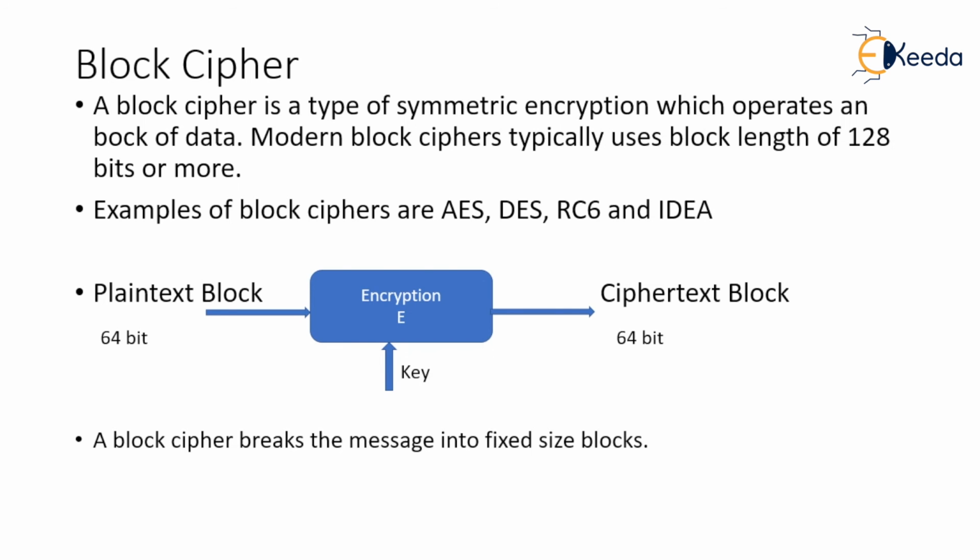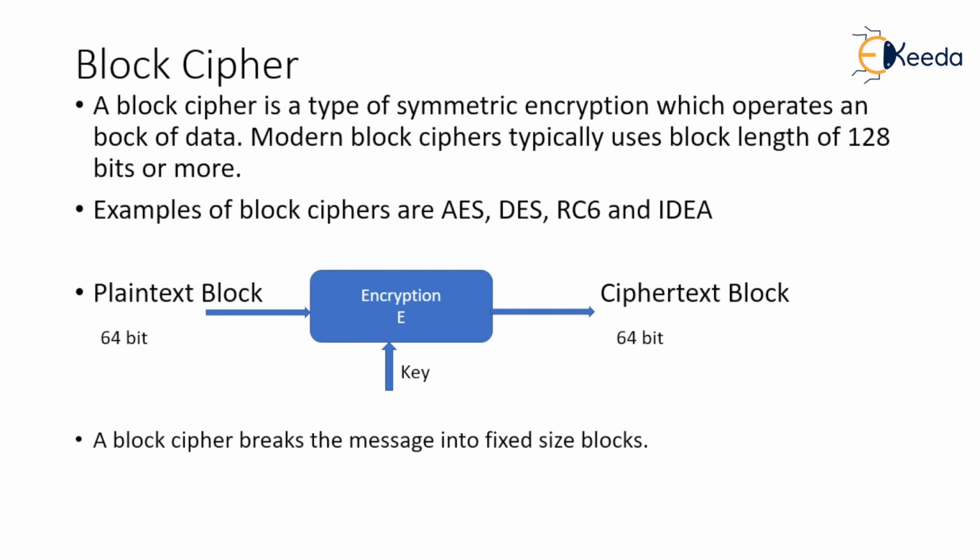So here, when the encryption process takes place, a single encryption process takes place on the complete block, and that block will be of the same size for every round of encryption till the complete message gets encrypted into the ciphertext.